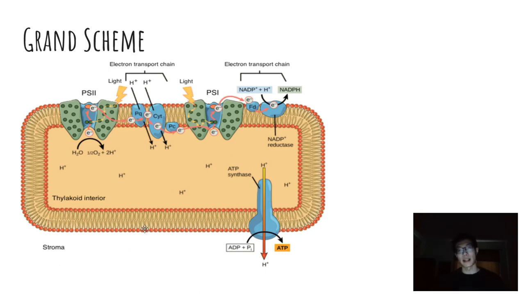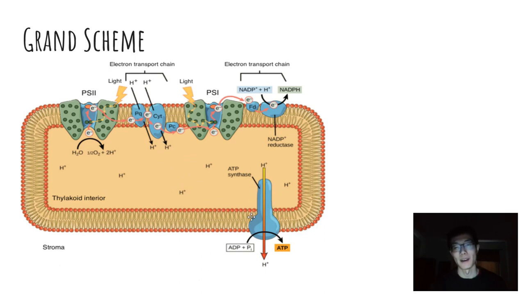Again, this electron transport process is kind of similar in many ways to that we saw in the mitochondria. Of course, one thing you might want to keep in mind is that the mitochondrial matrix actually has lower concentrations of hydrogen ions, whereas in the chloroplast, the thylakoid interior actually has a higher concentration of hydrogen ions.